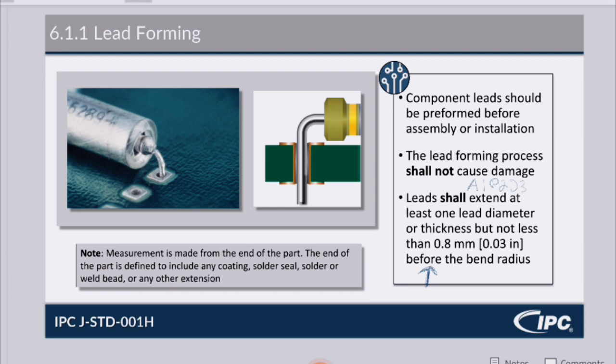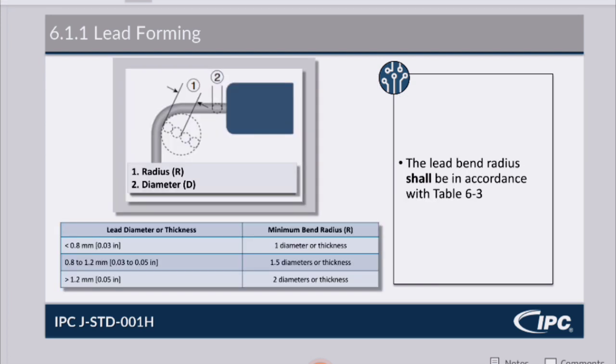The illustration in your PDF, what figure is this? Figure 6.2 shows lead bends. It illustrates this point very well. And this is talking about the lead bend radius. This is a really good picture of what bend radius is. You imagine a circle here, and how many leads can you put into that circle?